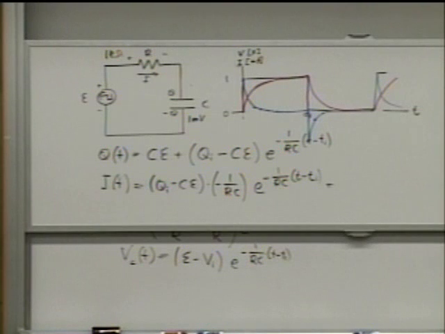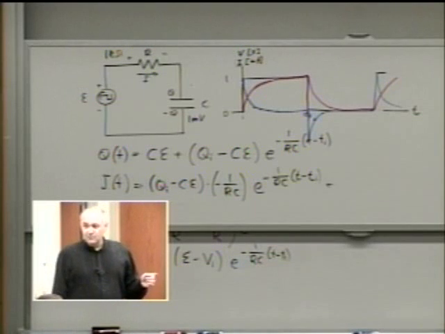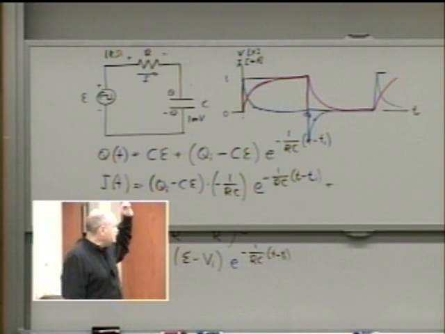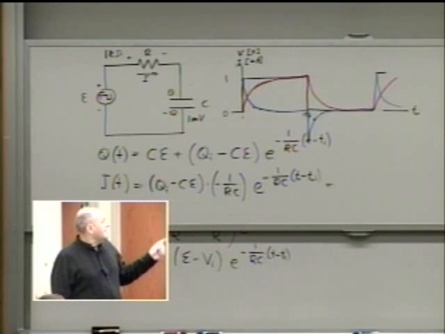Well, yes. When we were making the plot, the answer is yes. The blue one is the current in that circuit, in the source of electromotive force, in the resistor, and in the capacitor.